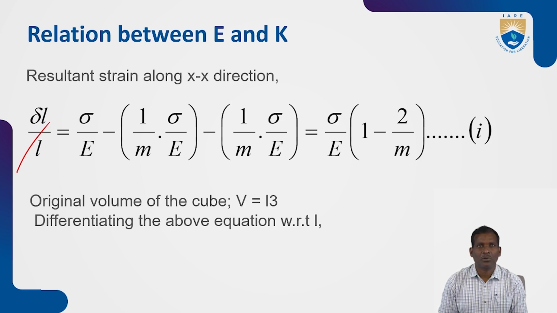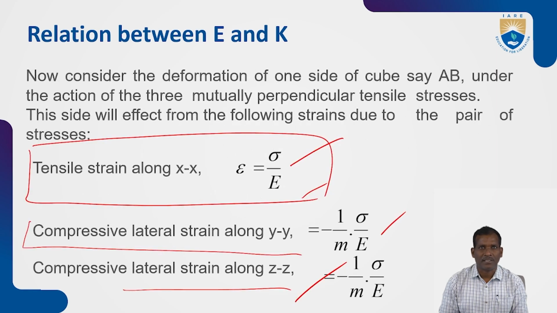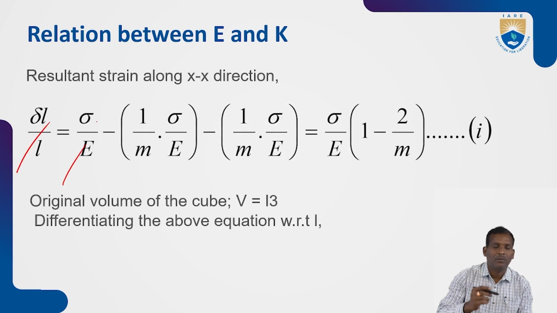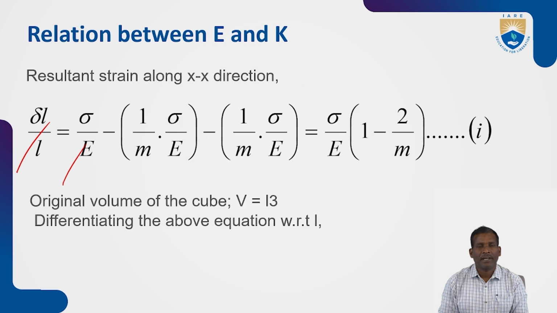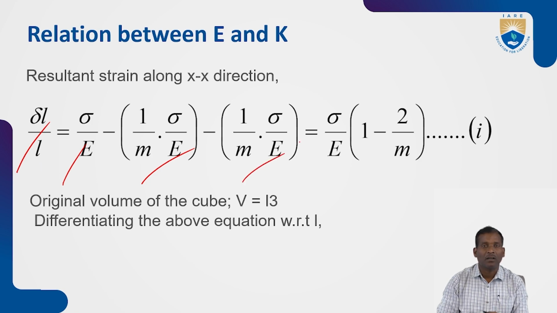That is equal to, you can write, the first one sigma by E, that is tensile strain along the x-axis, and then compressive strain along YY, and along Z, lateral strain along the ZZ axis. So the summation of all strains will give the resultant strain of the cube.